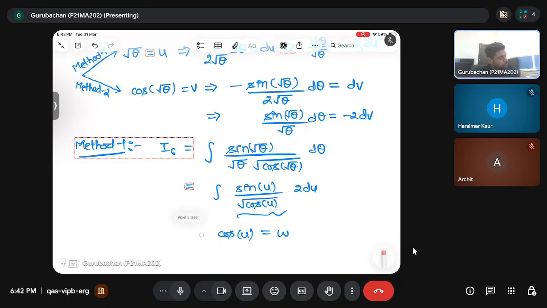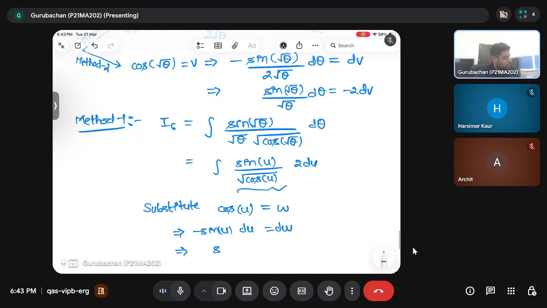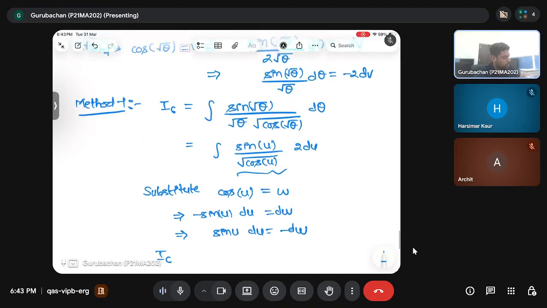Since we are using here the word substitute, we'll use that itself. So minus sine u du is equal to dw. This will imply that sine u du is equal to minus dw, and from here your I6 will be minus 2 dw divided by under root w, and this will be 4 times under root w plus c6.